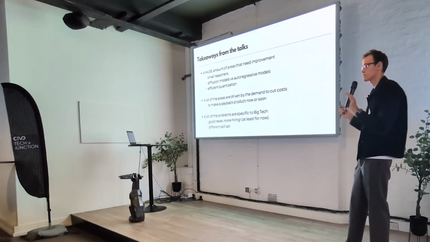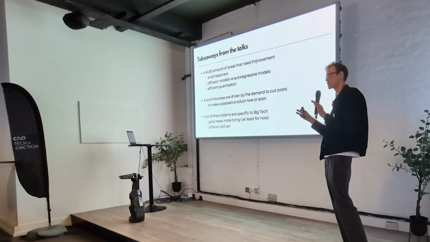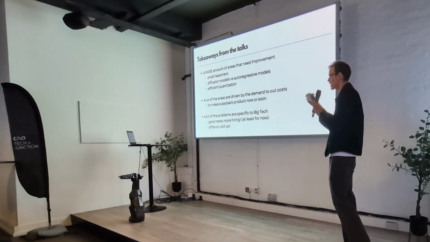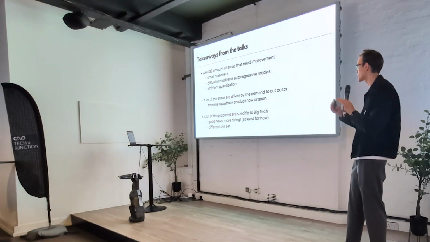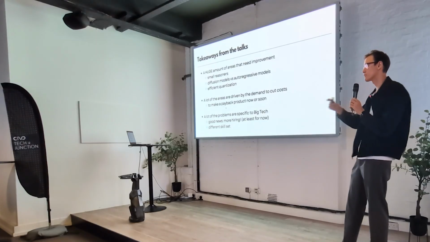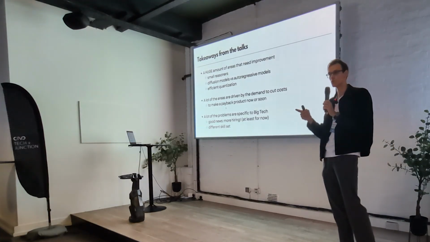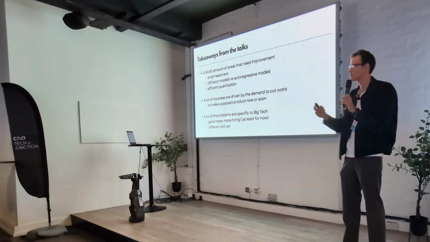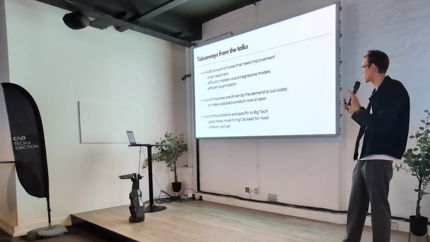And that's it. That's all for me. So takeaways from the talk: there are a lot of areas where you can invest in order to improve not just capabilities of the models, but making them cheaper as well. Again, a lot of these domains and areas are driven by the demand and cost because companies want to see paybacks now, not in a year. They want to improve and see some benefits right now.